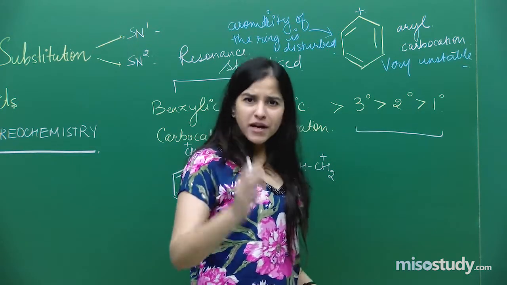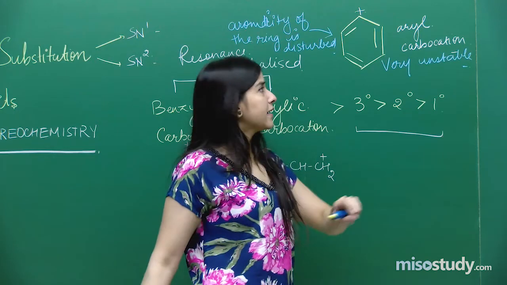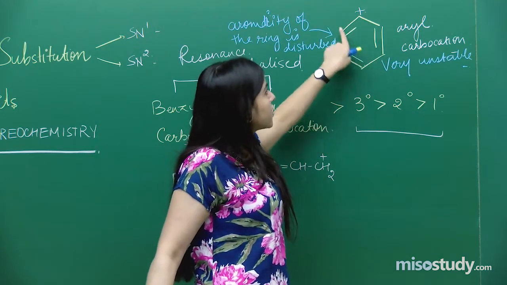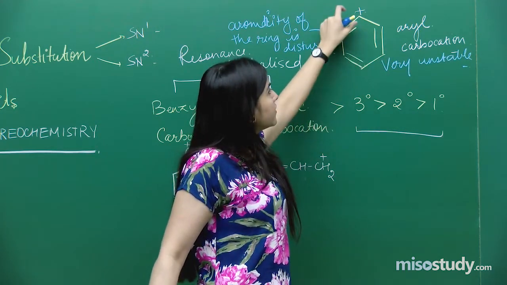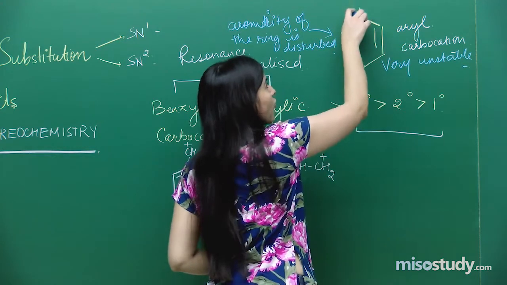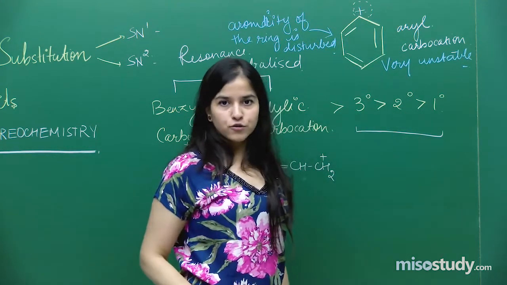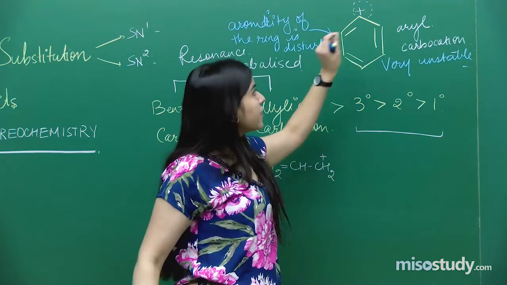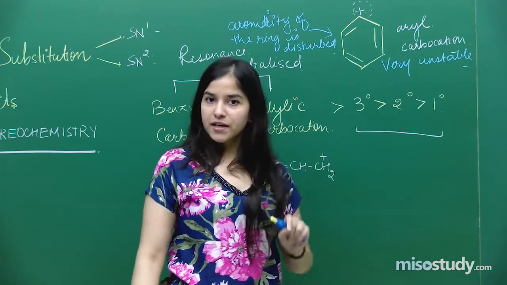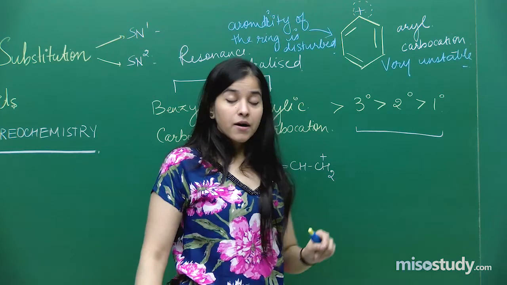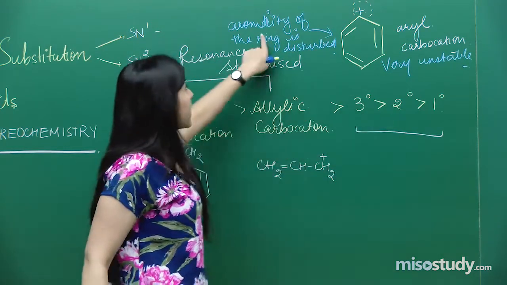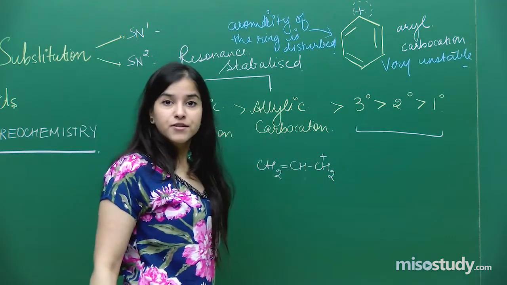Some of you might be having a confusion. You might be saying that this positive charge will easily be stabilized by these pi electrons, but this is not so, right? There will be no positive charge stabilization from this particular ring, but what is happening is the aromaticity is getting disturbed in fact.